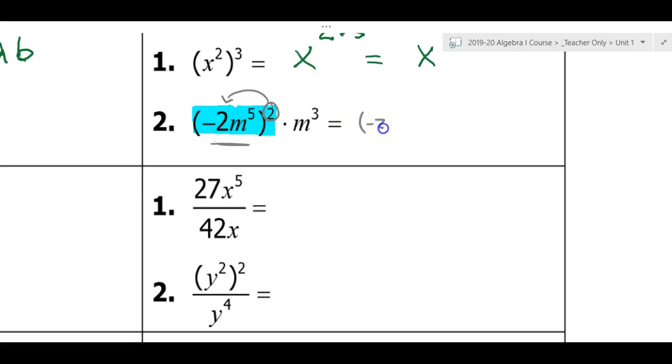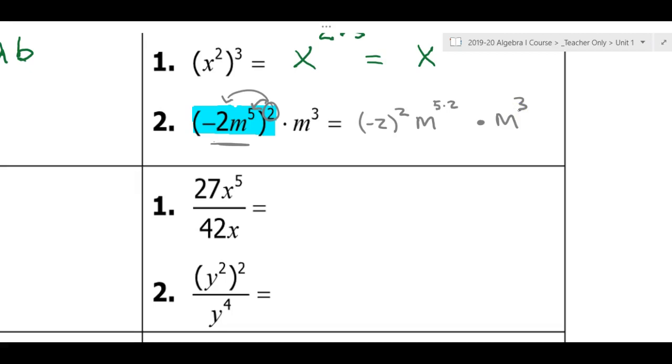So I have negative 2 squared m to the 5 times 2, all multiplied by m cubed.